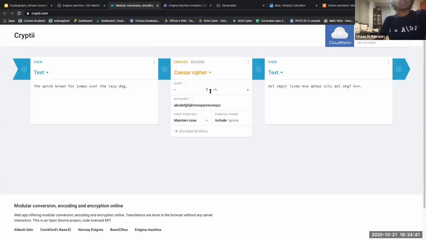So basically, if you choose the value 7, A is going to go down 7 places to H, and so on. So something like this text over here becomes that. And you can play around with this number. If you make it 8, every letter gets shifted 8 places down, and so on.